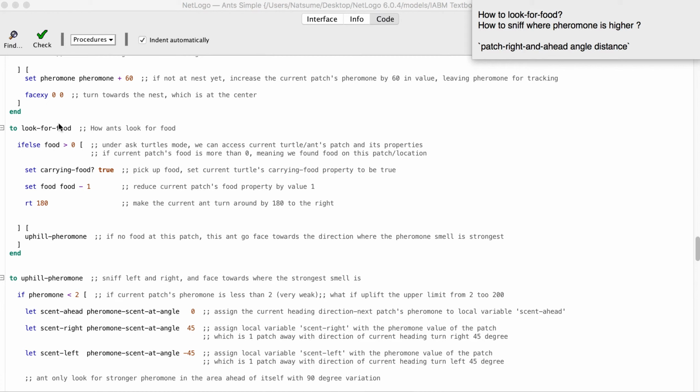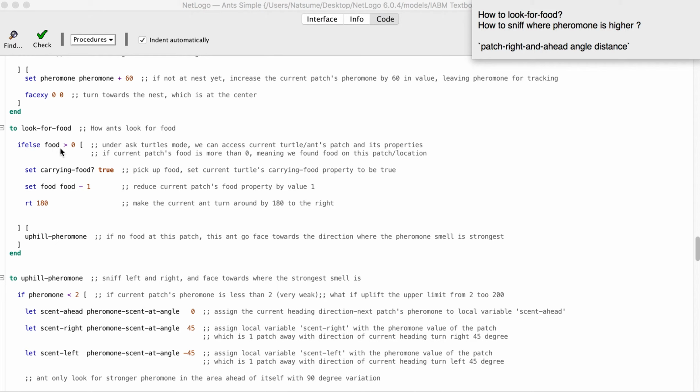This is a function under the context of ask turtles. So under that context, the turtle will be used. The first line says if else food greater than 0, which means the turtle is standing on a patch, and if on that patch the food is greater than 0, there is food there.